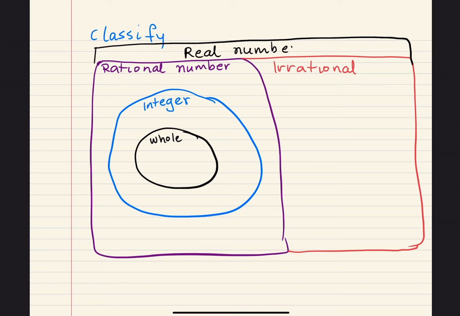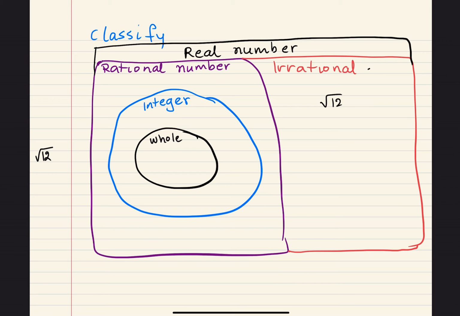Now, when I give you a number to classify, go to this Venn diagram and find where this number belongs, or identify the position of the number. So, for example, if I tell you square root 12, you know that this is not a perfect square, so it belongs to irrational numbers. So you can say square root 12 is irrational and real.